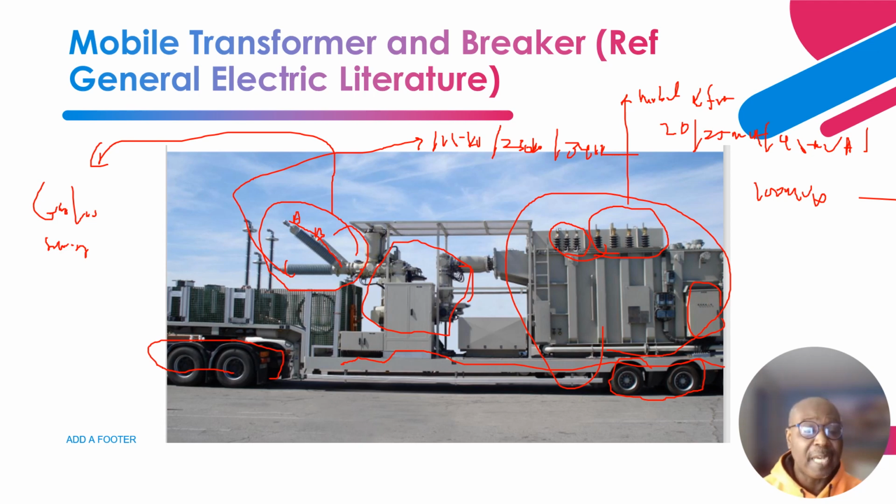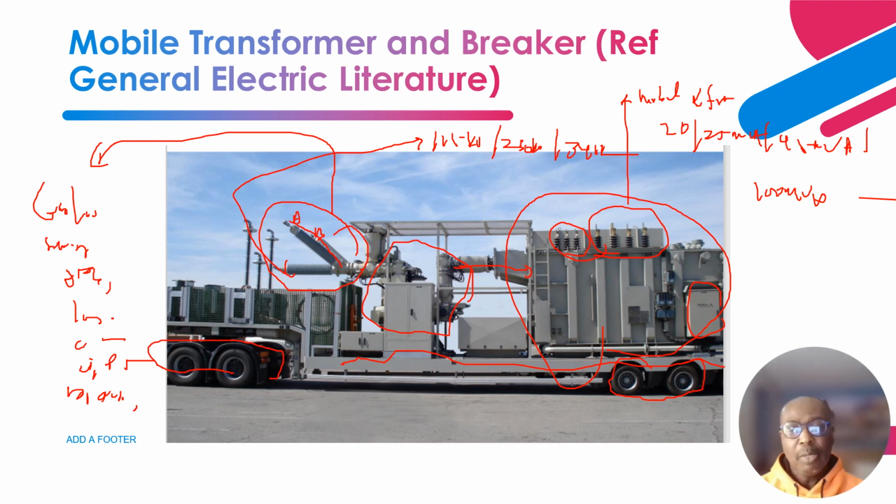And basically, they utilize SF6 gas to insulate the internal components, right? CTs, PTs, the breakers, etc. Okay, so this one is integrated to the high side of the transformer, right?